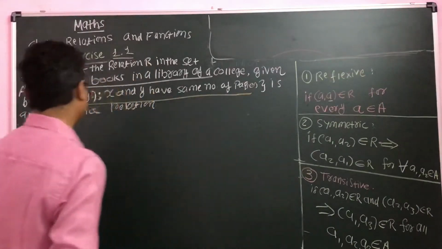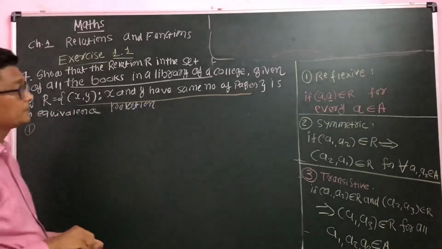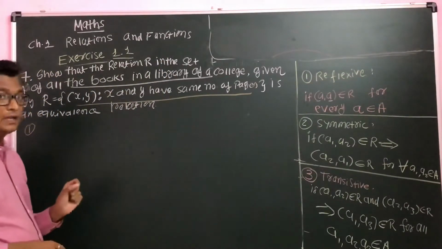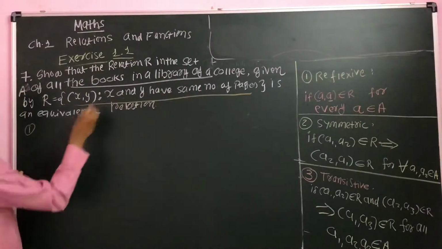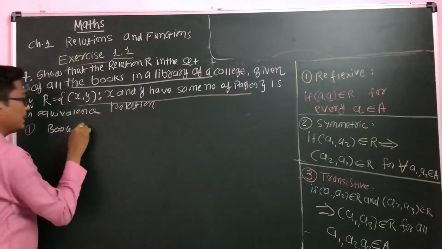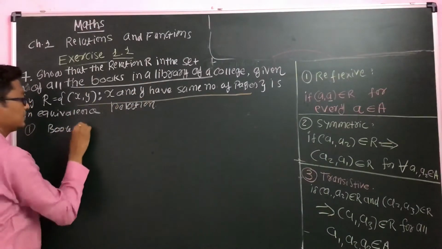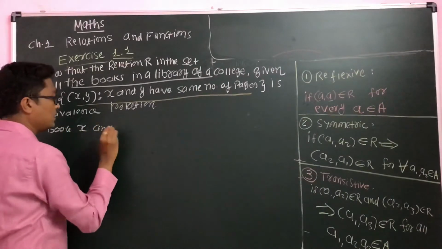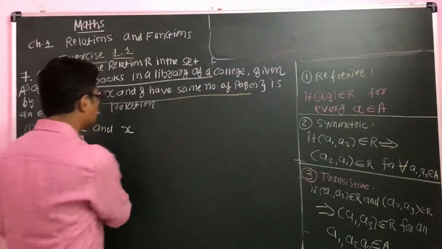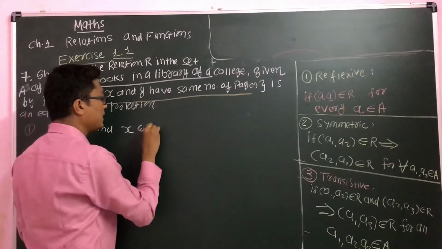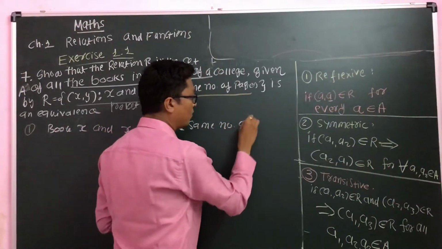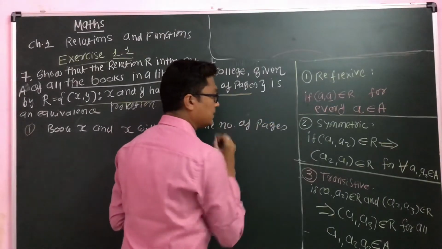ठीक है? So let us try to solve it for the reflexive first. So let us consider that we have a book A. तो यहाँ पे हम लिख सकते हैं ना कि A बुक, या फिर यहाँ पे X लिख लेते हैं. Books X and X. ओके, खुद के साथ से ही कंपैरिजन करना है. So books X and X will have the same number of pages, right?